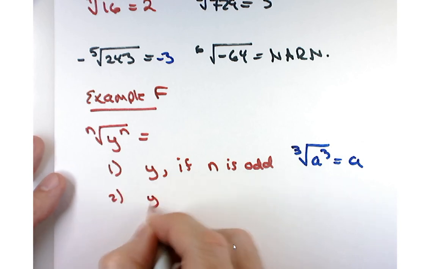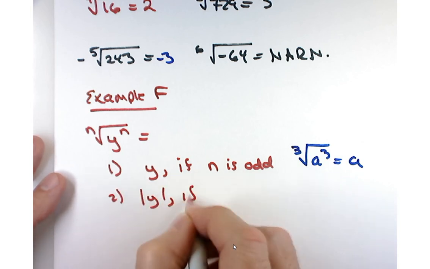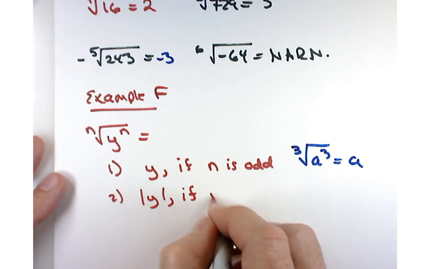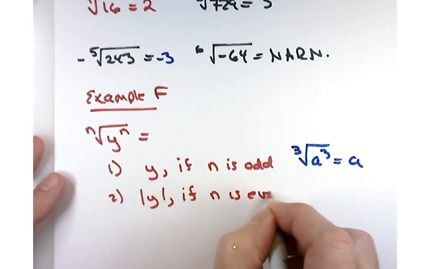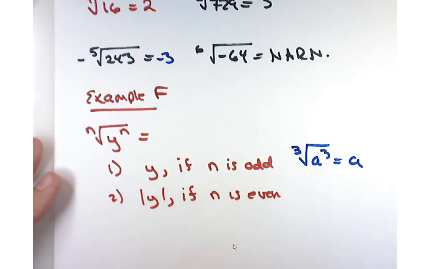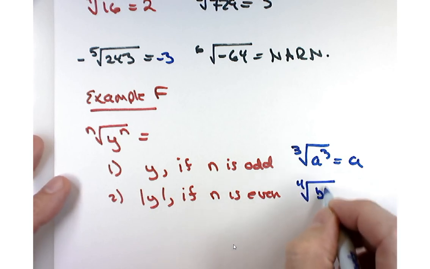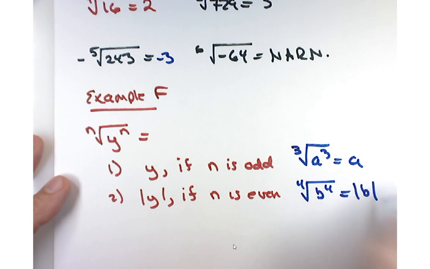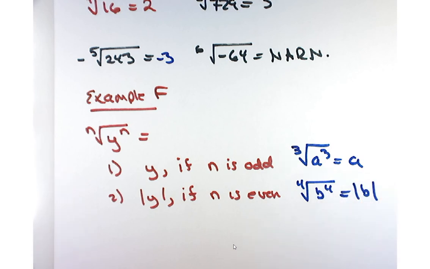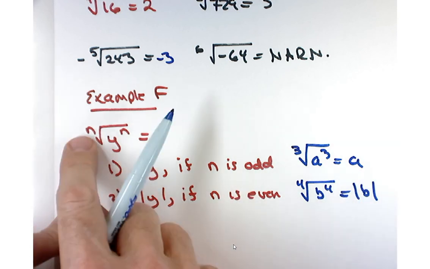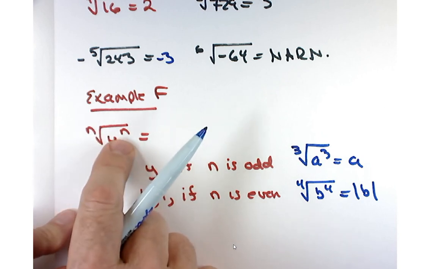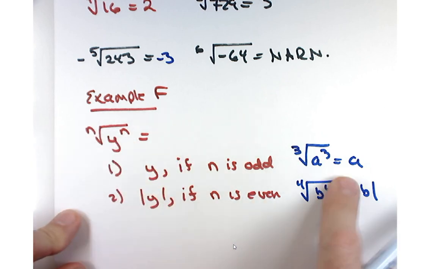The second possibility is it's going to equal the absolute value of y if n is even. So if I had the 4th root of b to the 4th power, that would give me the absolute value of b. So the big thing to remember is that if these things match, and only if they match, then you're going to start thinking about this.